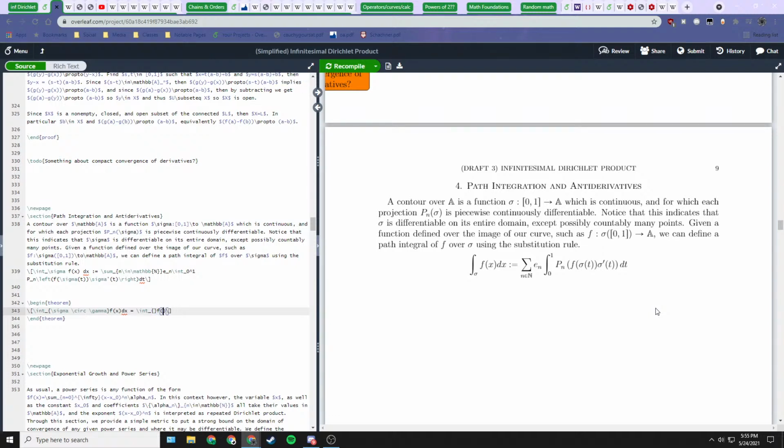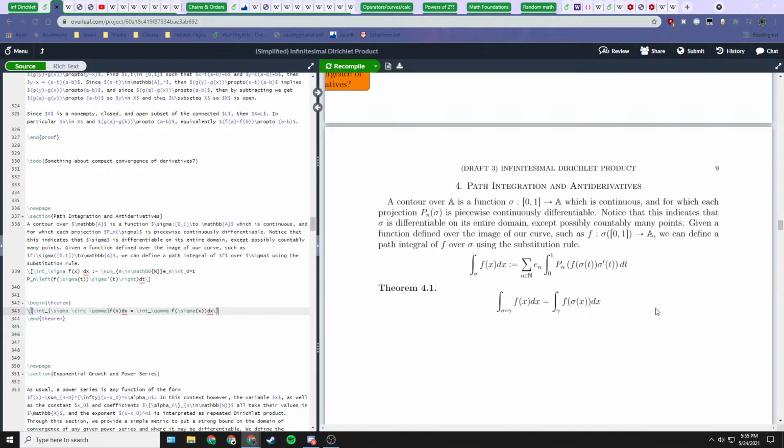So if we want to put, I think, sigma in here, and then we'll have just gamma. And I think this is how that goes.